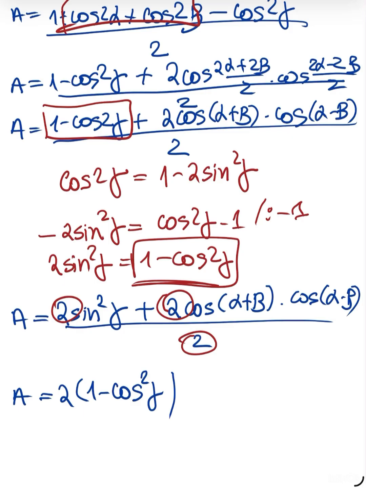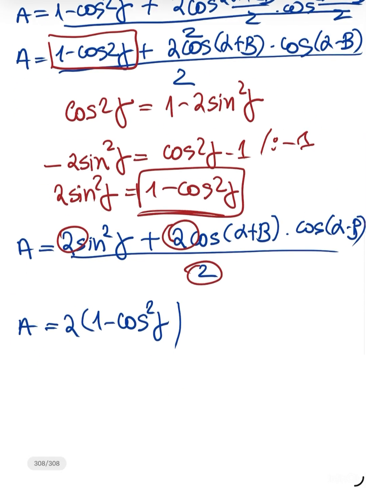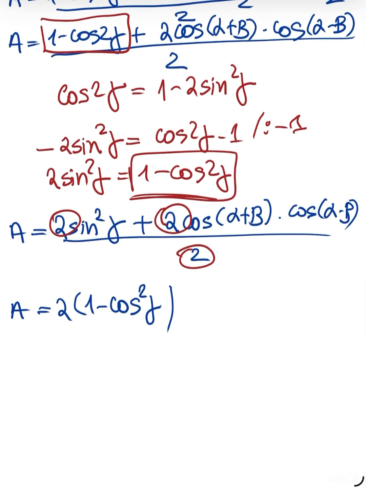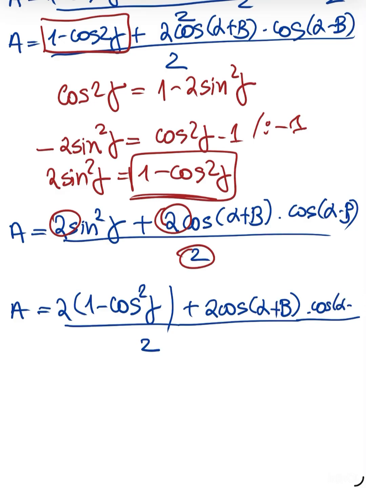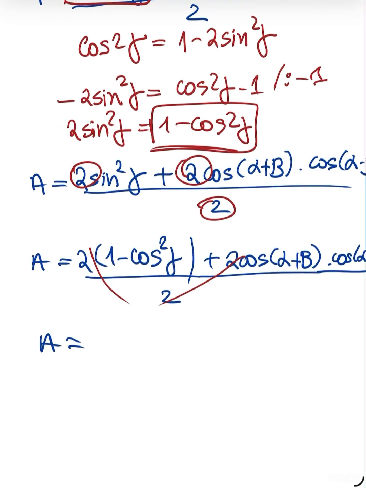Sine square alpha is equal to 1 minus cosine square alpha. This is the main trigonometric identity, divided by 2 and plus 2 times cosine alpha plus beta times cosine alpha minus beta. So we are just simplifying the expression.